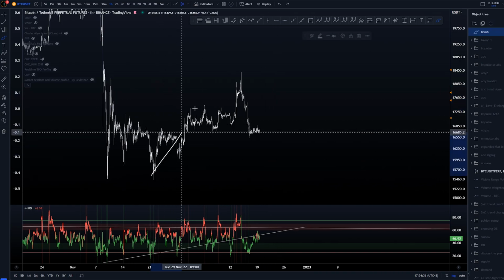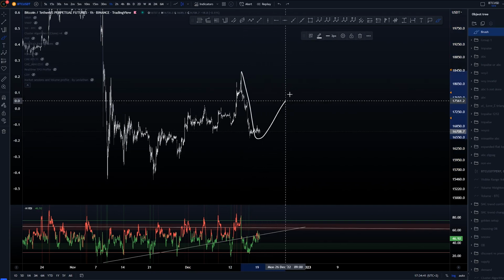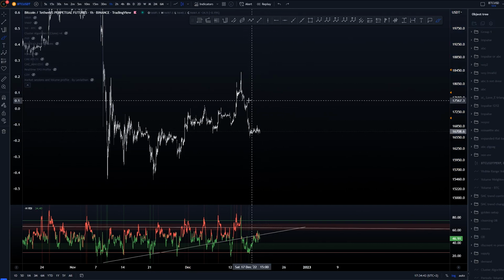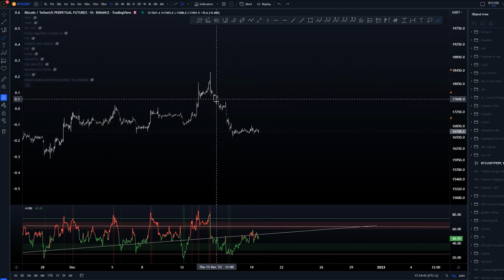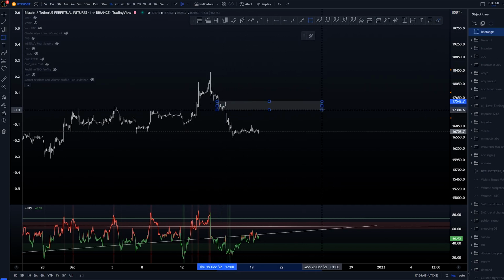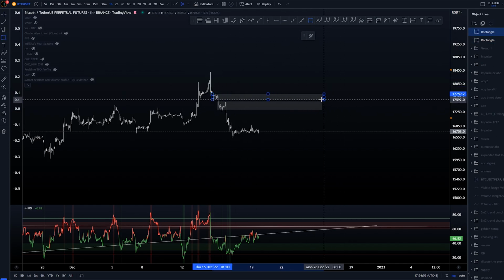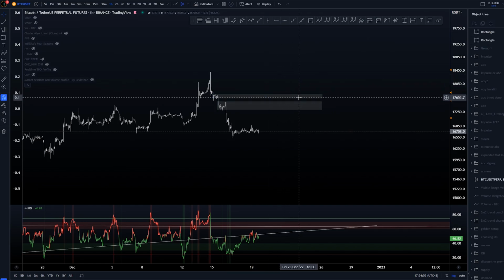Whether it's going to be a structure like this, I don't think so, but I do think that this is more likely. Then we would be looking for resistance at around here, 17.5k, and at these smaller consolidations just beyond it.